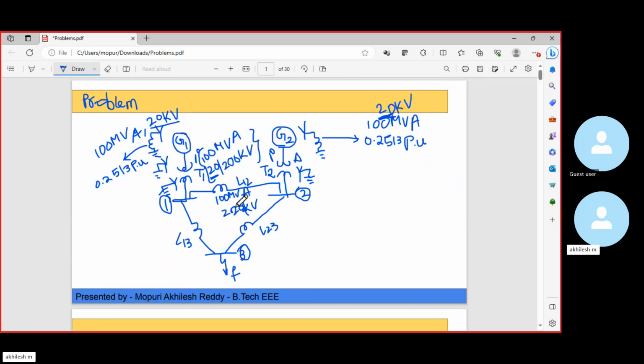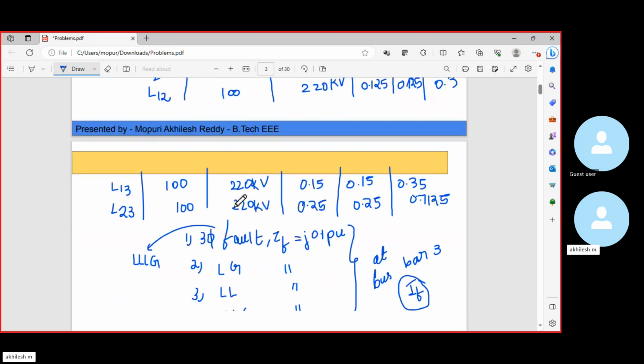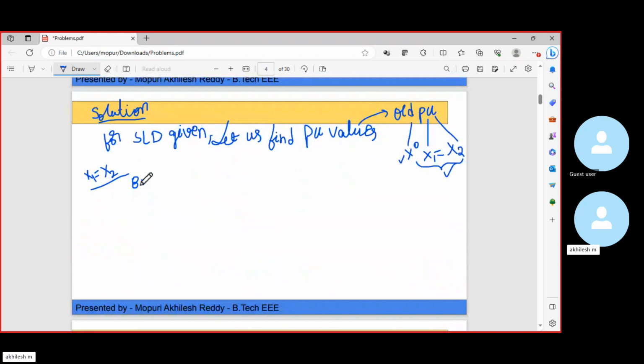All the lines are also having 100 MVA. So my base MVA is 100 MVA. Since all have the same MVA, it will cancel easily and make the computation easy.